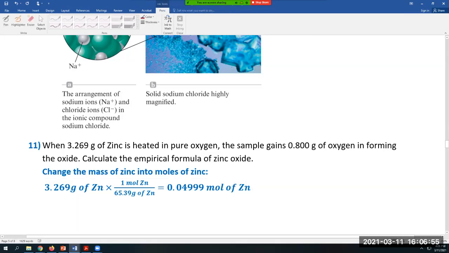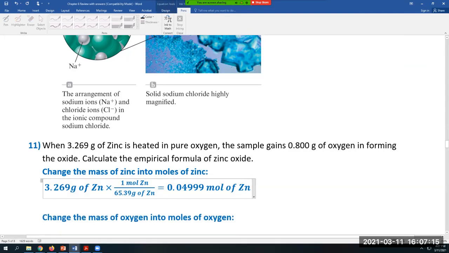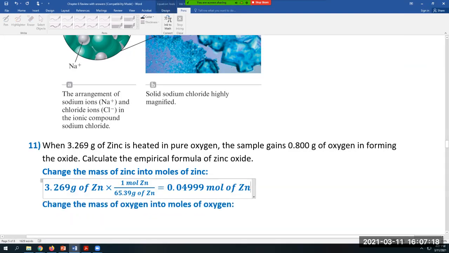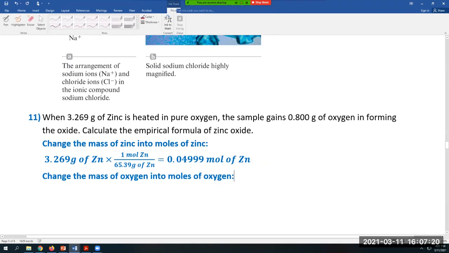Okay, so we need to do the same thing with the oxygen. And according to the text here, we started with this mass of zinc, and when we made the oxide, we added this mass of oxygen. So that tells you this is the mass of oxygen. So let's change the mass of oxygen into moles of oxygen using this number, 0.800, as the given amount of oxygen.